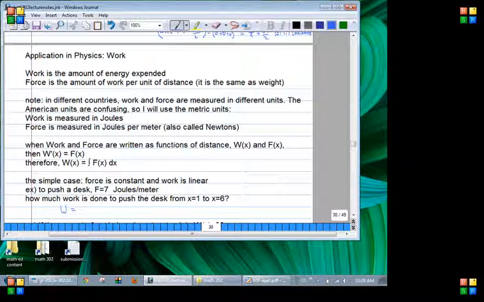The simple way to do this is to say that if it's just the linear case, we know it's rate times the other units equals the total amount. Instead of rate times time equals distance, we're generalizing: rate times your variable equals the amount. So the rate is 7, and the variable I'm working with is distance. What do we need to multiply by?